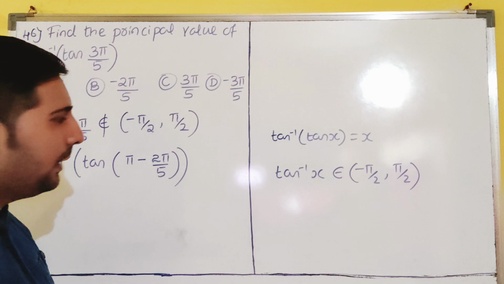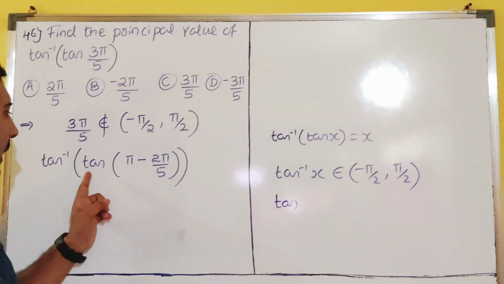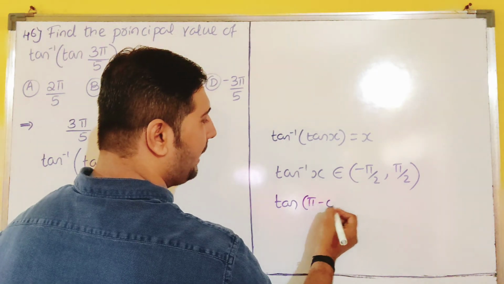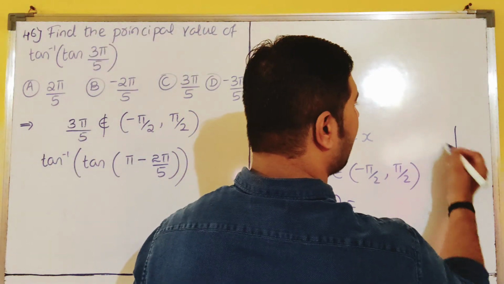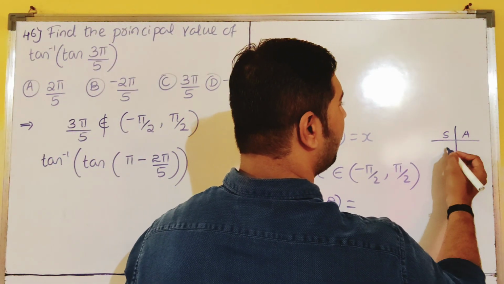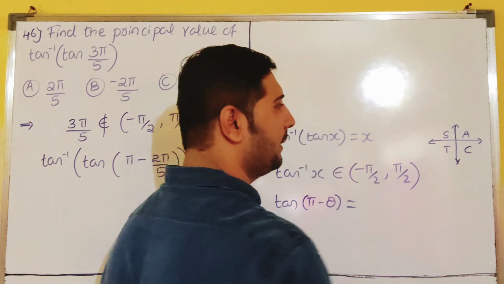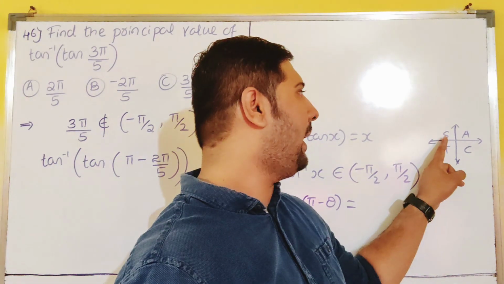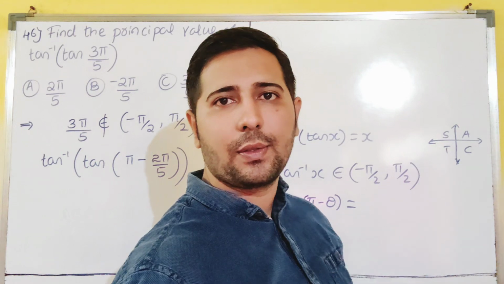So now it is looking like, you know, inside this bracket, tan of pi minus theta. Tan of pi minus theta, you know, after school to college, I had told you this. Here all trigonometric functions are positive, here sine and cosec, here tan and cot, here cos and sec, dear students, fourth quadrant.